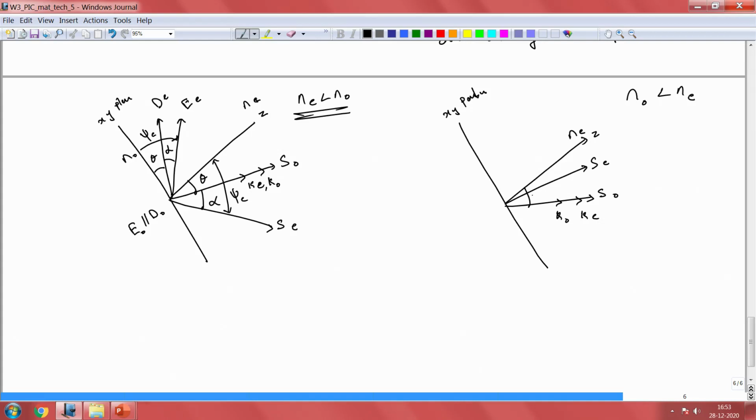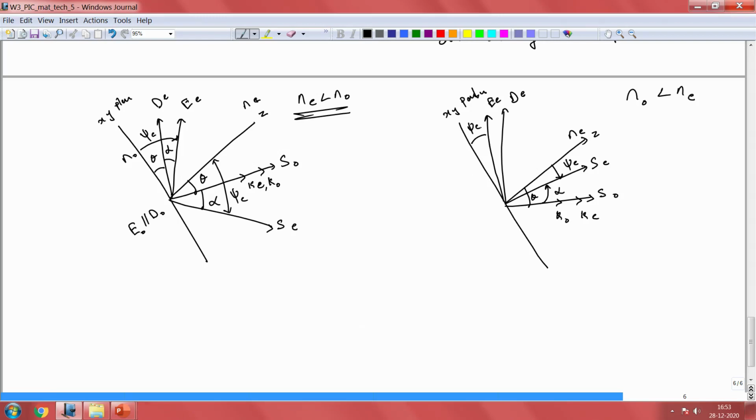This is theta, and this angle now is alpha, and this is psi E. Since we have moved this way, you have DE and then EE, again the same thing.